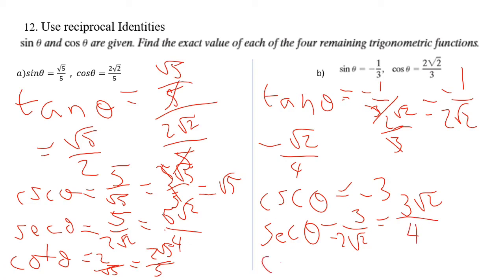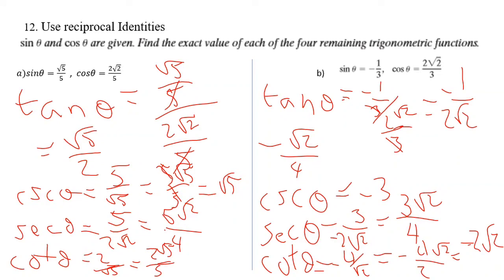And then we have cotangent, which is the reciprocal of tangent. It's going to be 4 over root 2, and that's negative. So that's going to be equal to negative 4 root 2 over 2, and then the 4 and the 2 reduce to give you negative 2 root 2.